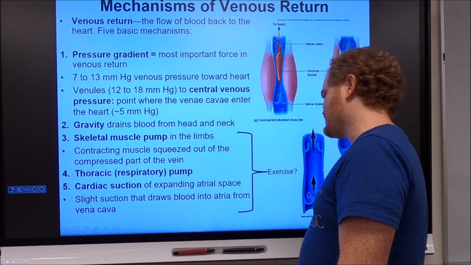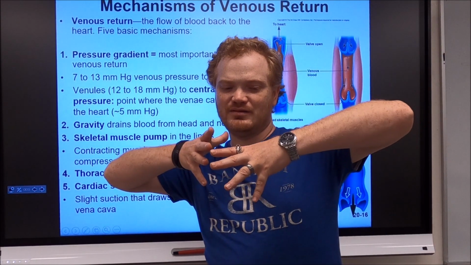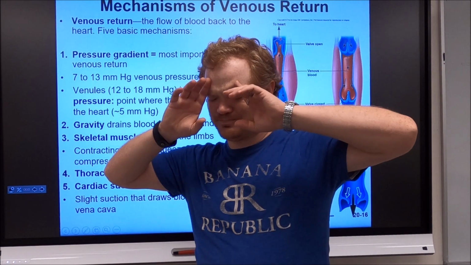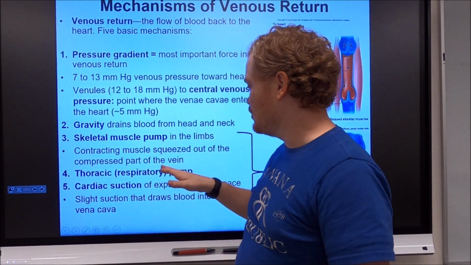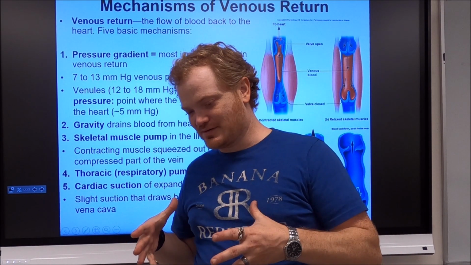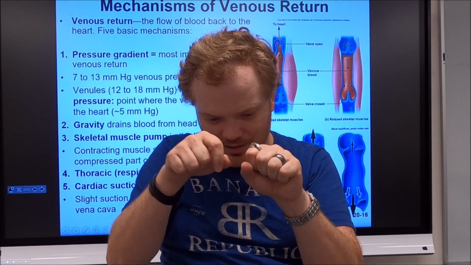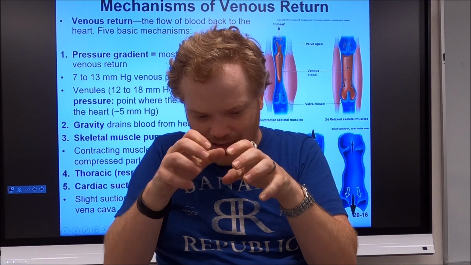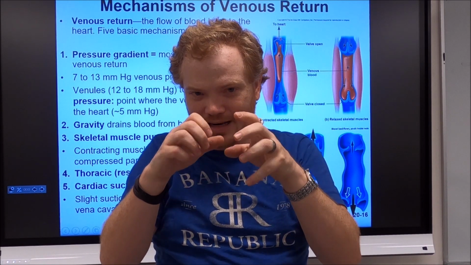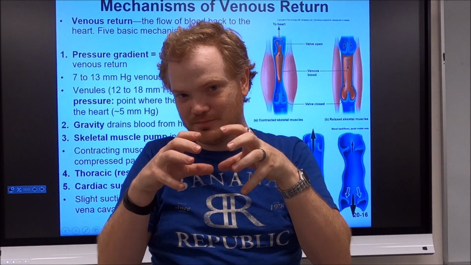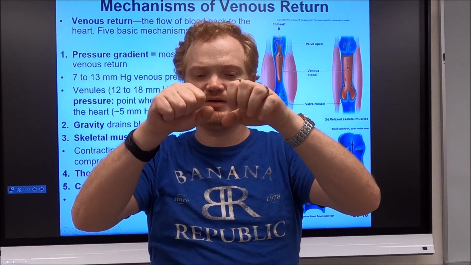And then, of course, cardiac suction. When the heart relaxes, when the atria squeeze blood down into the ventricles, and then they relax, that act of relaxing sucks blood into them. Okay, so you've got to think about these.